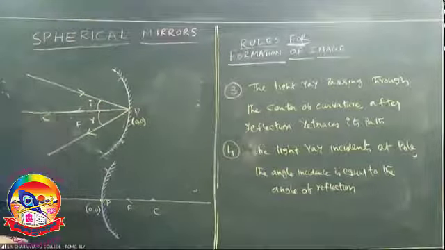M is replaced by P: PA by PC, tan theta. Cross multiplication, PA is equal to PC tan theta. Equation 1.